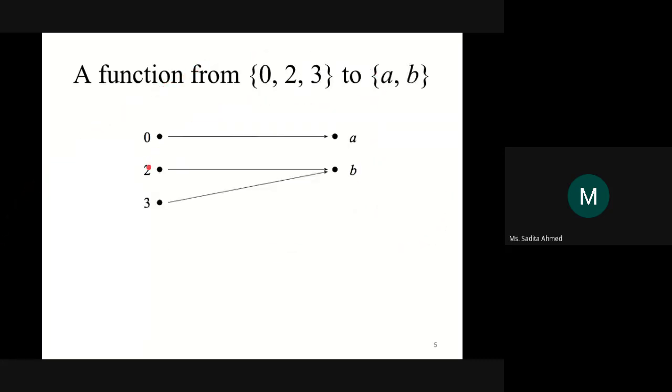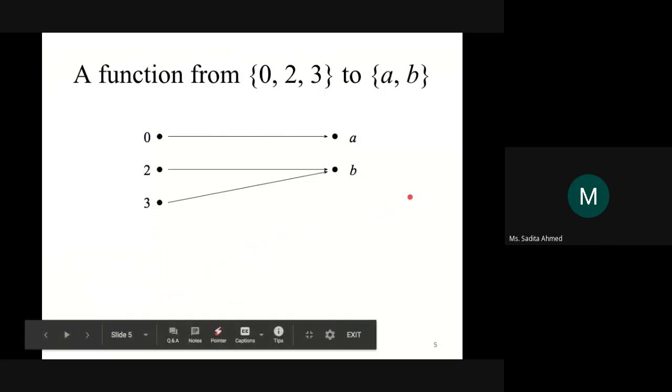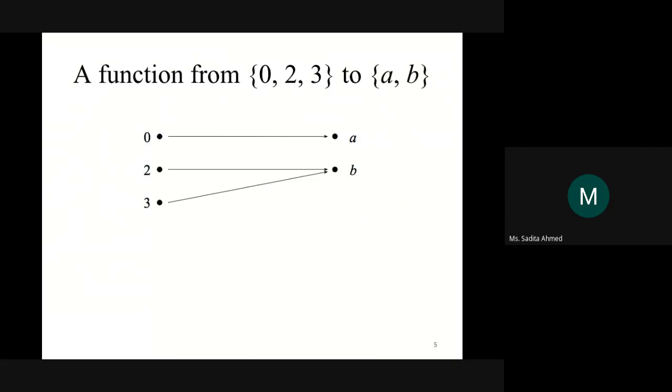Now, is this a one-to-one function? That is the question. What do you guys think? Is this a one-to-one function? Most of you think it's not a one-to-one function.